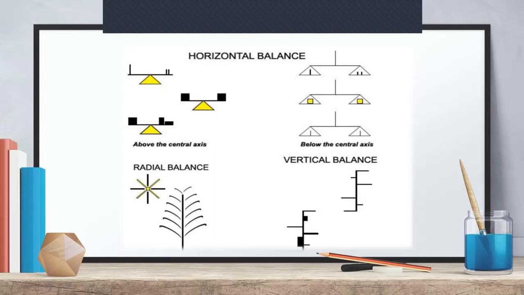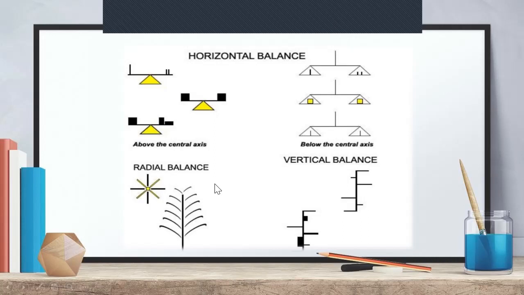On the other side, we have two objects of the same size, and of course the colors also are equal. And the third one has the same size of shape. So this is an example of horizontal balance below the central axis.